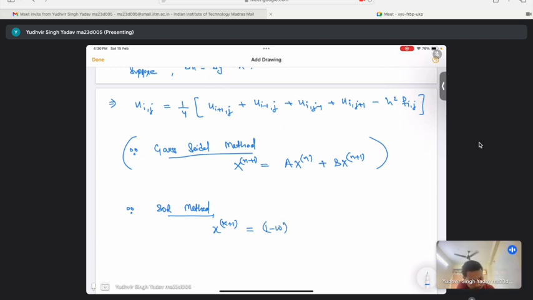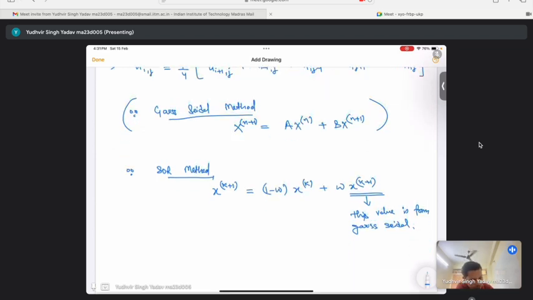It equals 1 minus omega times x to the power k plus omega times x to the power k plus 1. So this value we have to obtain from the Gauss-Seidel method.